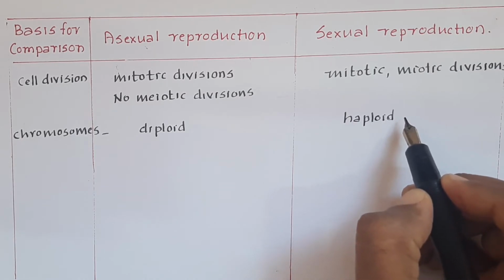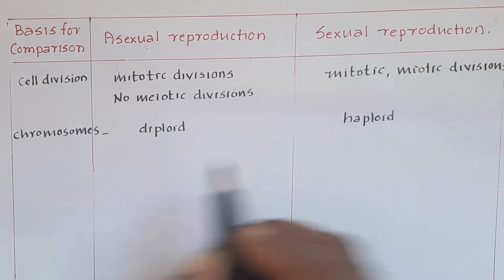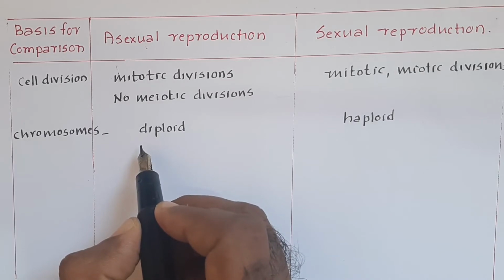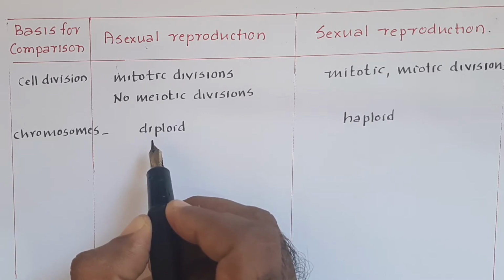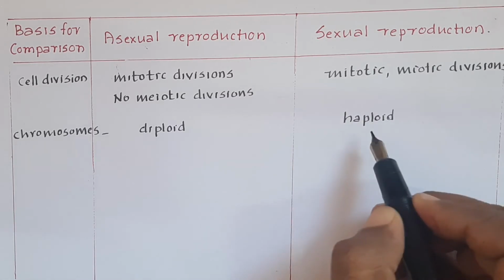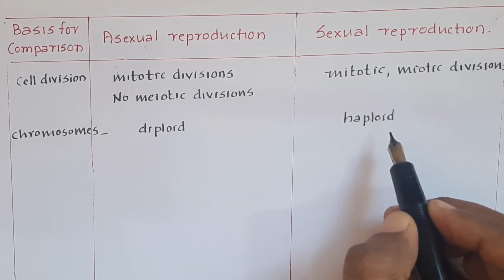That's why meiosis is known as a reductional division. Haploid nature of chromosome means consisting of only n number of chromosomes. That is why in asexual reproduction we will find diploid chromosomes, and in case of meiosis haploid chromosomes are produced.